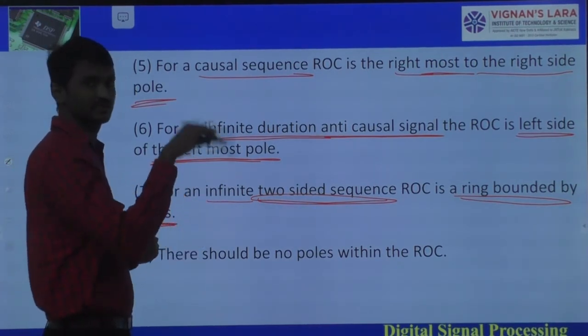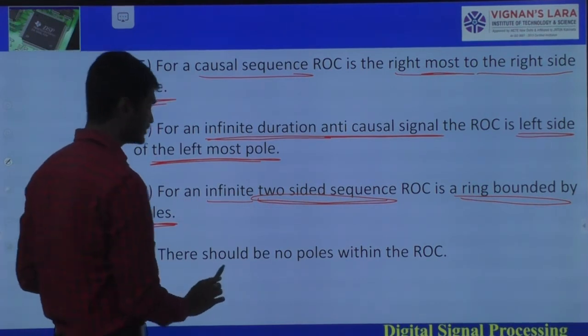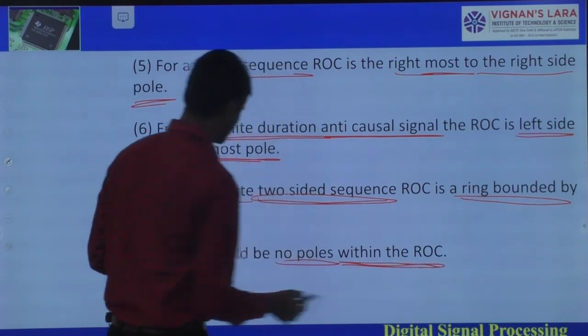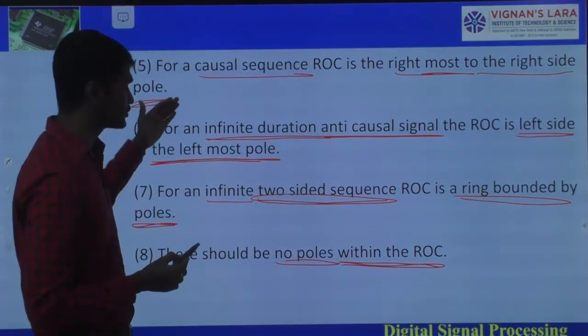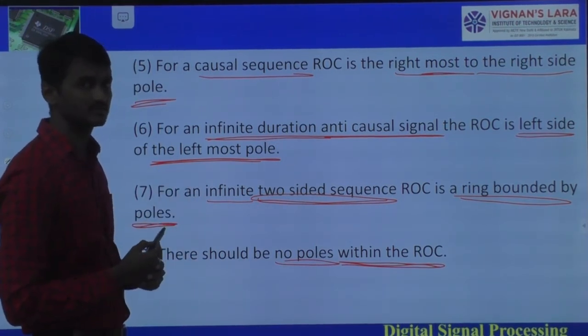Next, there should be no poles within the ROC. These are the properties of ROC, that is, region of convergence. Okay.